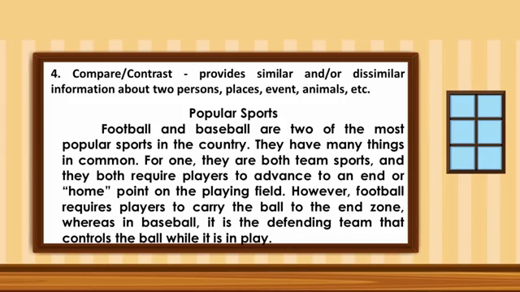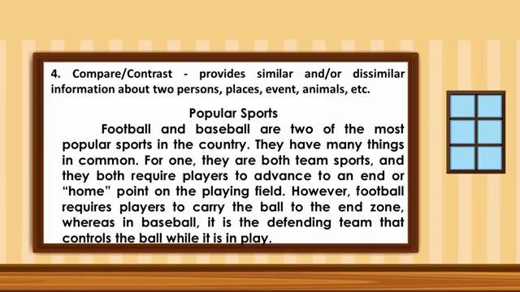For the fourth structure, we have compare contrast. Provide similar and or dissimilar information about two persons, places, events, animals, etc. Here is an example. Popular Sports. Football and baseball are two of the most popular sports in the country. They have many things in common.